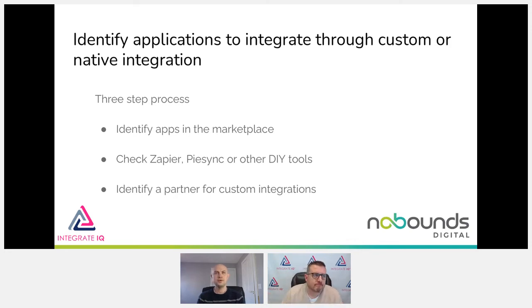Yeah, Todd, you're being too modest at point number 3 in the 3-step process. I should say how Todd and I got connected here. Essentially, he and the team at Integrate IQ do something that a lot of HubSpot partners just don't have the capability of doing. Once we get into this back-end work, custom integrations, the API, et cetera, at No Bounds Digital, I can design and develop a bang-up website for you.